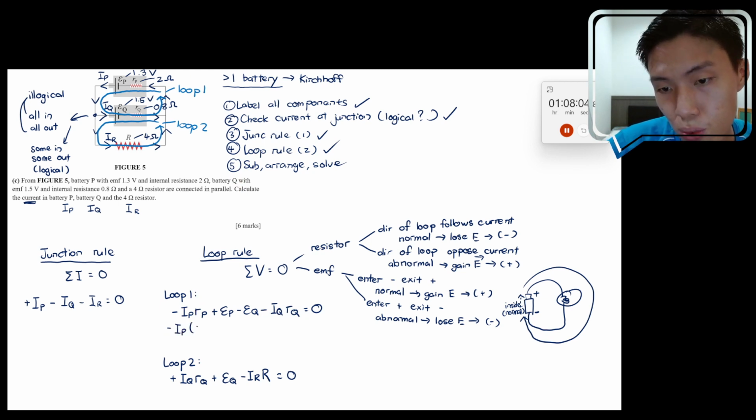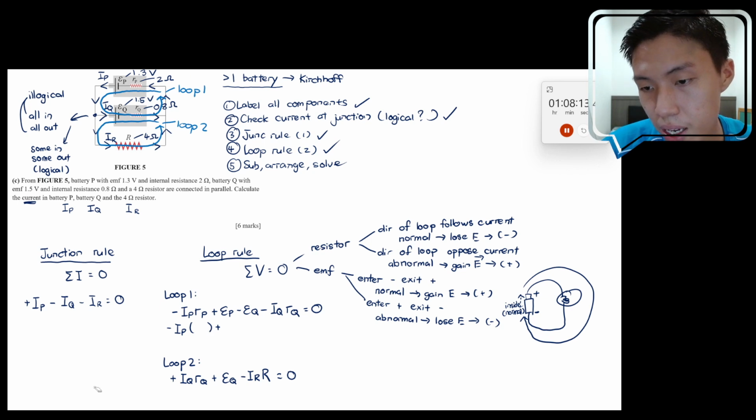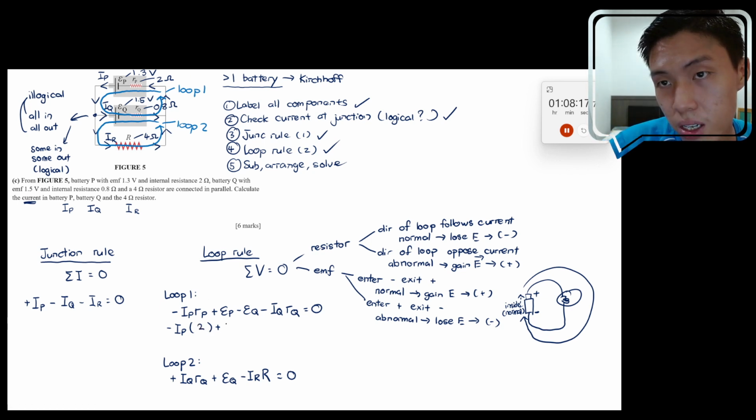RP, we know it's 1.3. Epsilon P, sorry. IP, it's 2. RP is 1.3. Minus epsilon Q is 1.5 minus IQ RQ. RQ is 0.8 equals to 0.